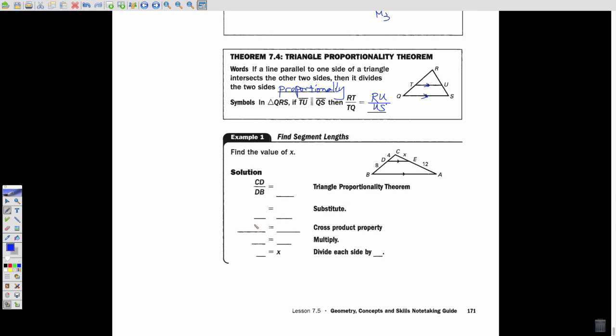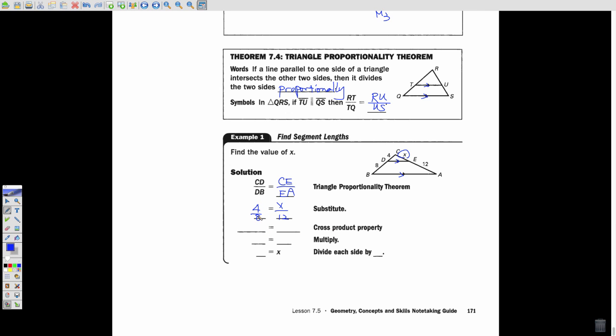In the first example, we have to find the value of x here. So if we know that this is parallel, then by the triangle proportionality theorem, CD over DB should equal CE over EA. If we substitute the numbers and variable given, we have 4 over 8 equals x over 12.